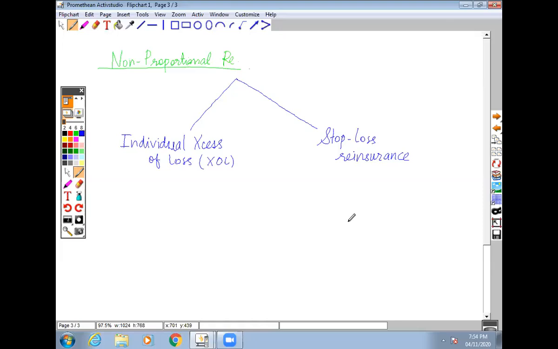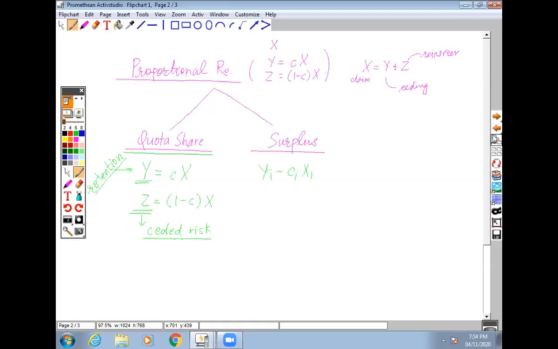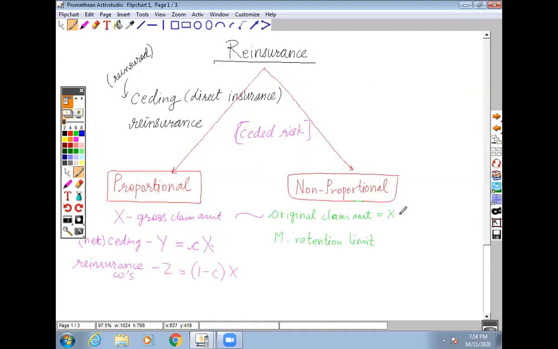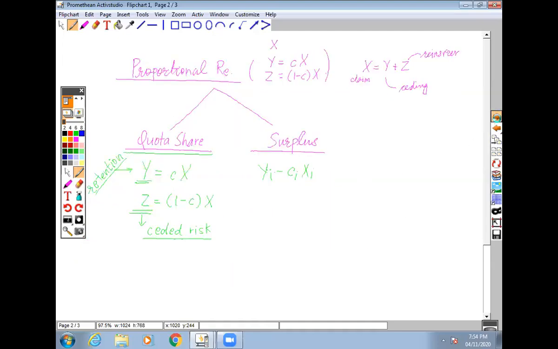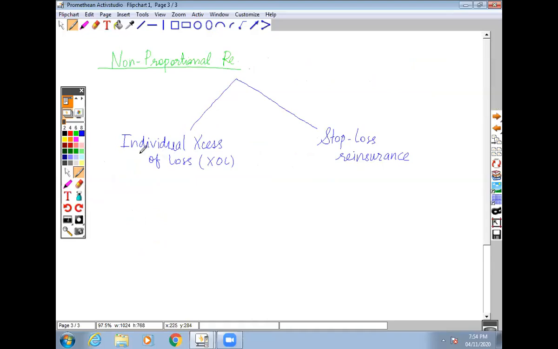So if I'm trying to explain individual excess of loss, what happens here is what we just saw previously in this slide. In individual excess of loss, the insurer sets a retention level, which is M again.